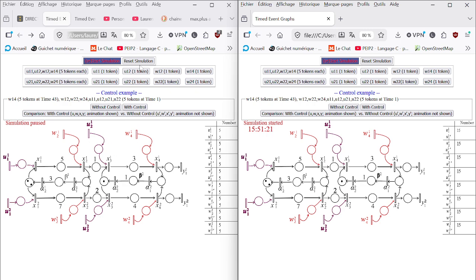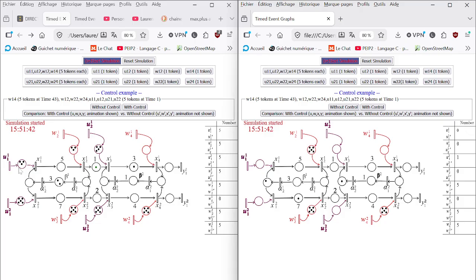On this side, I will simulate without control, and on this side, I will simulate with control. Okay, I have the time which is working on the both side, and so if I fire here without control and with control here, we can take a look on the behavior.